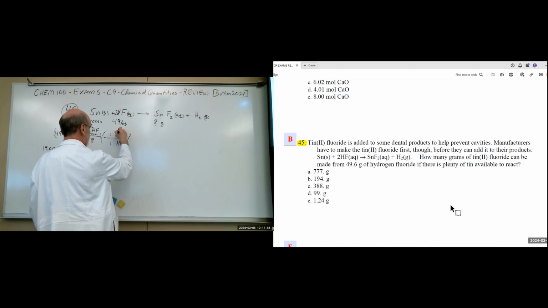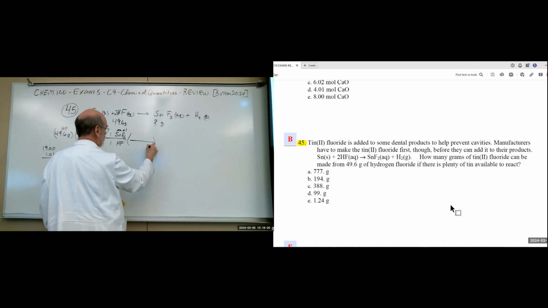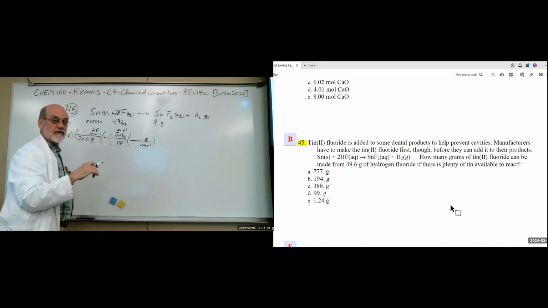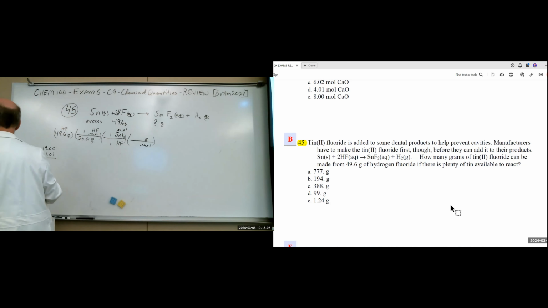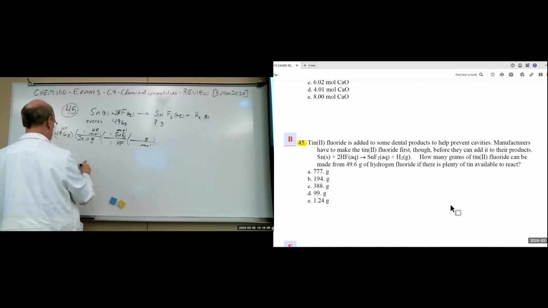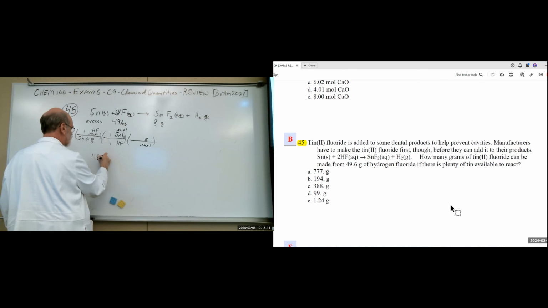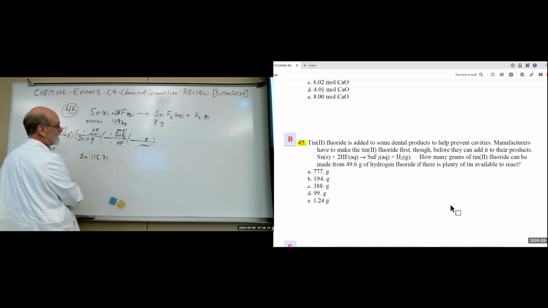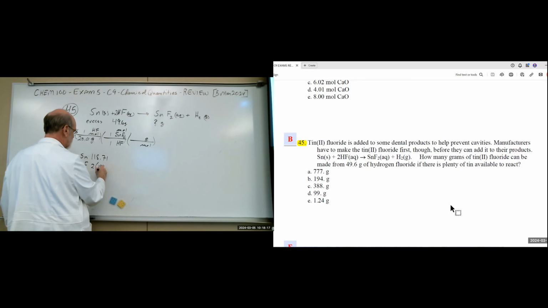So now we have moles of that. Now we want to convert back to mass, and we need the molar mass of tin-2 fluoride. So tin is 118.71, and then 2 fluorines is 2 times 19.